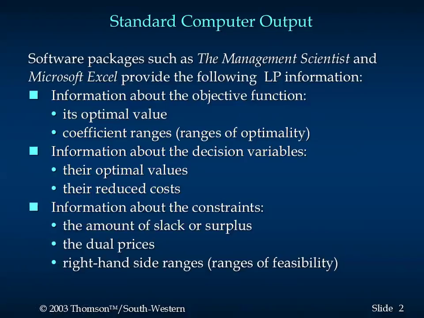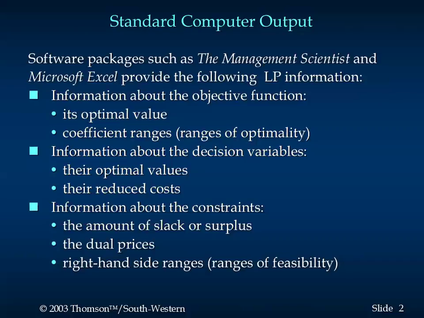Along with that, we're also going to see what are the optimal values of the decision variables. And if the value is 0, we have something called a reduced cost, nothing but the opportunity cost of producing that product. If we produce a certain product that has an opportunity cost, we actually lose a certain amount of profits. We'll see what happens.